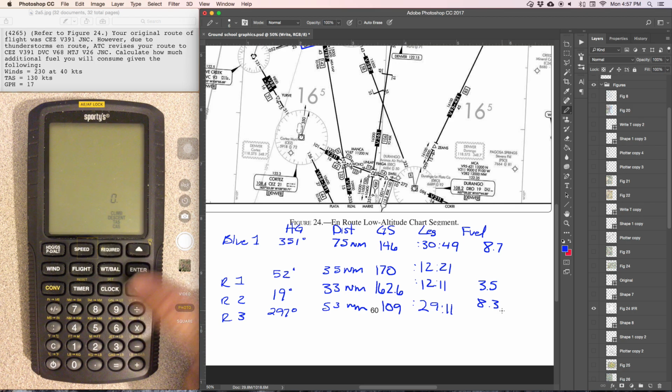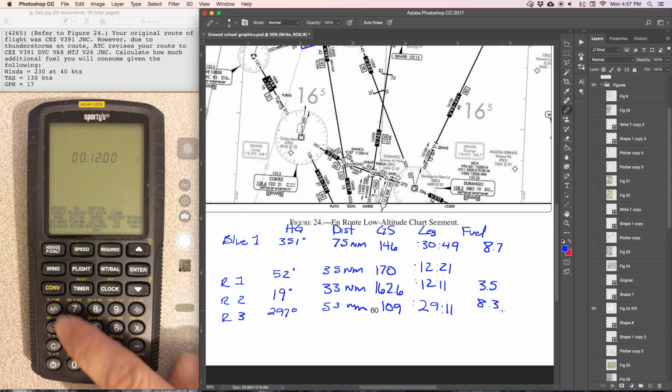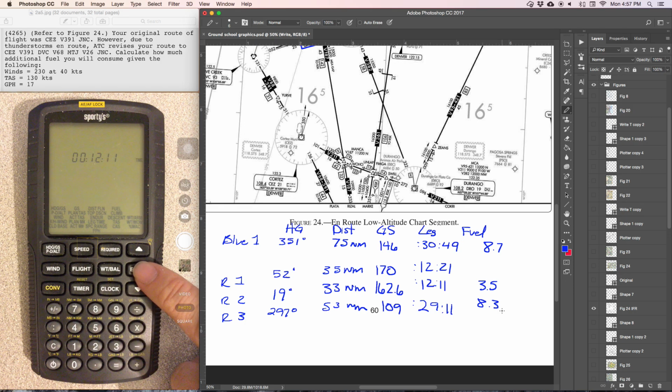And we're going to go required fuel for leg 1. Our time is going to be 12 minutes. So to enter minutes, we go 00 hours, 12 minutes, and 21 seconds. Burning 17 gallons per hour. So 3.5.